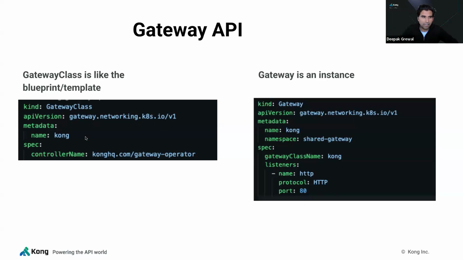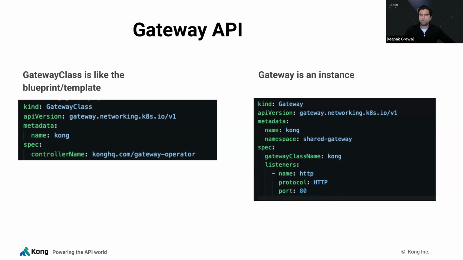And so here you can see I have a gateway class. It's using the gateway operator as the controller name. And then I instantiate that class using this gateway resource, and I define the listeners that this particular gateway listens on, port 80. This, by the way, is also one of the limitations of Ingress, where defining where the Ingress controller listens is almost buried into how the Ingress controller is installed.